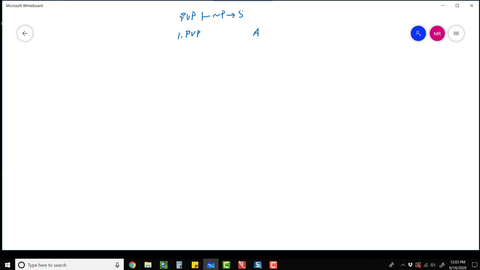In other words, you might be tempted to begin by hypothesizing, for negation introduction, it's not the case that if not P, then S. But that's definitely not what you want to do.